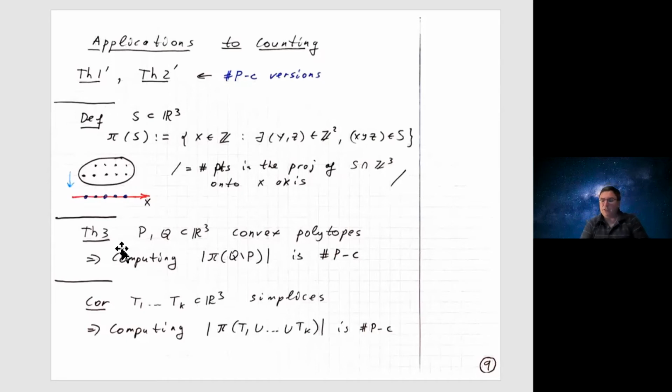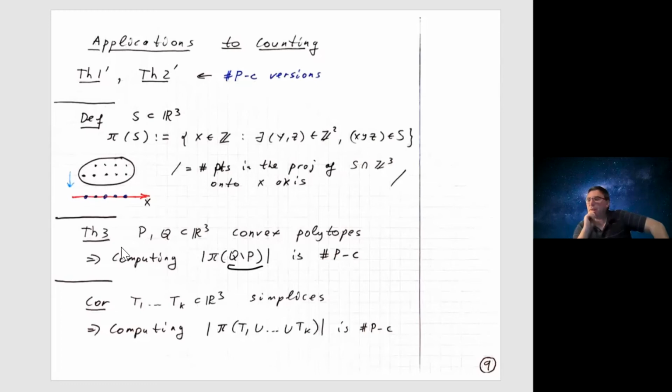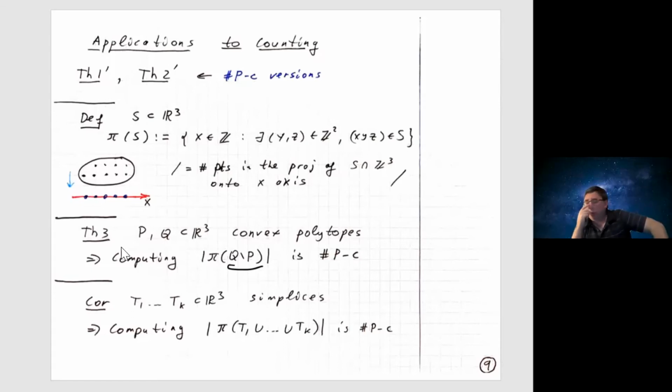I'm writing this as a corollary simply because if you take two polytopes and take a difference, you can triangulate the difference. If you can compute the number of points in the projection of the union of those tetrahedrons that you get, that's, in a special case, computing integer points in the projection of Q minus P. But for two polytopes, it's unclear. For the union of polytopes, you can do it, and it's in FP, and that's due to Barvinok and Woods also.